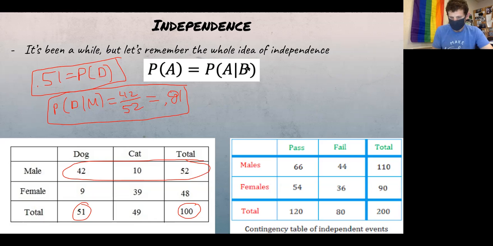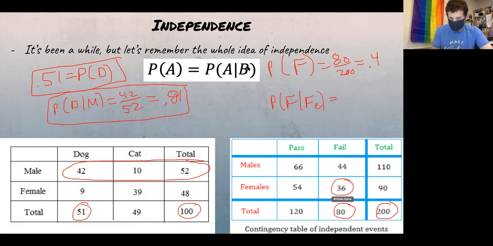Now, if we look at the next one, the probability of failing a class is 80 out of 200, which is 0.4. Now let's see the probability of failing given that you're a female.